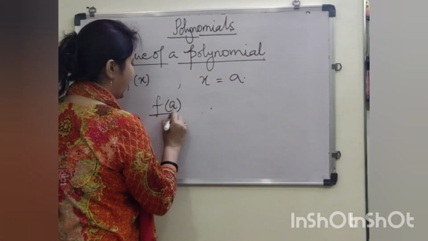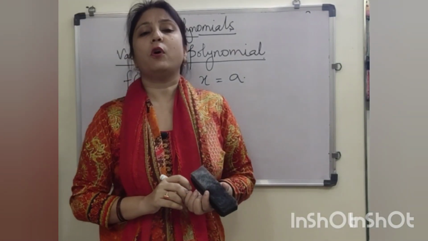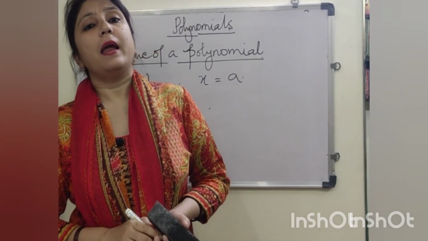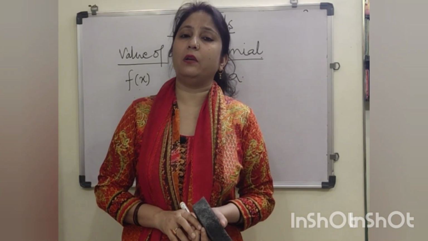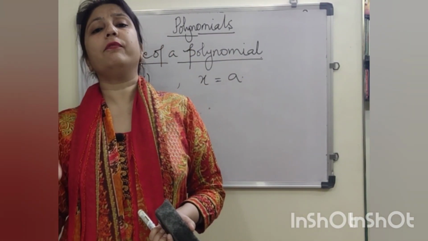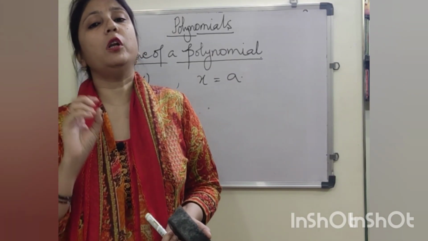That will be the value of f(x) at point a. For a polynomial f(x) at x is equals to a, if you have to find its value, then it is f(a), means you have to replace x by a in the polynomial.